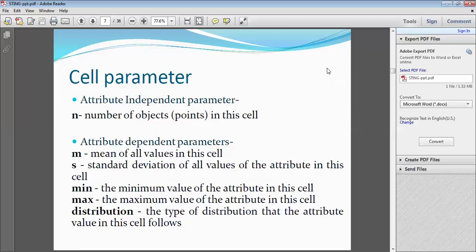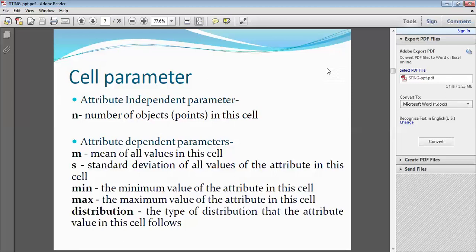Then the number of elements n would be 5. The mean m is 1 plus 2 plus 3 plus 4 plus 5 divided by 5. That is 1 plus 2, 3; 3 plus 3, 6; 6 plus 4, 10; 10 plus 5, 15; divided by 5. So the mean would be 3.